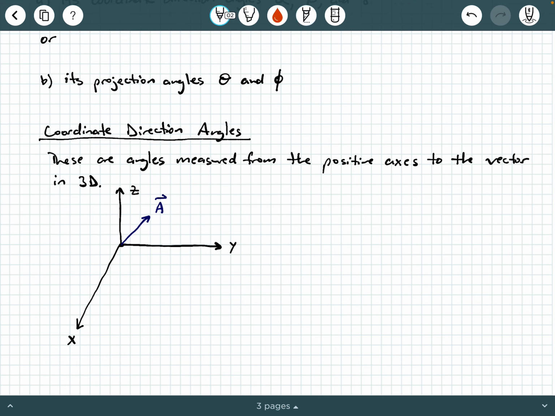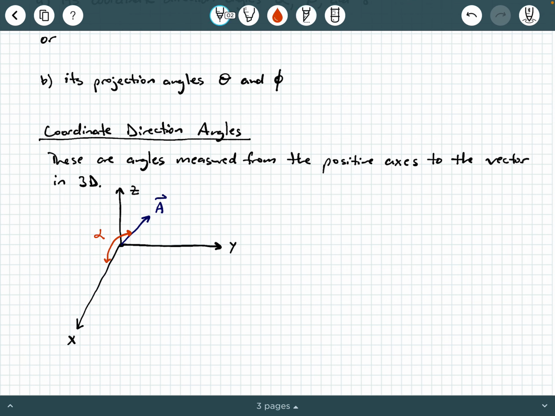So if I were to sketch that here, that is alpha. Again, think of vector A sweeping out in 3 dimensions. What about beta?